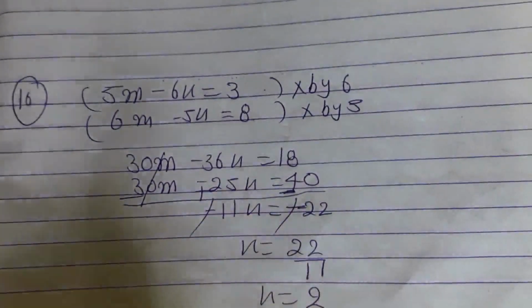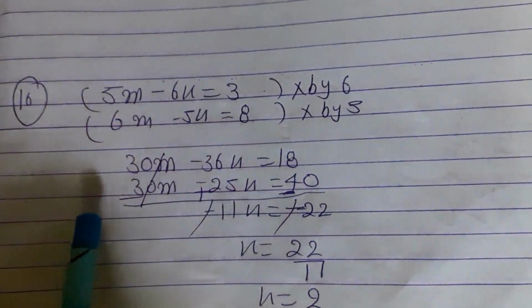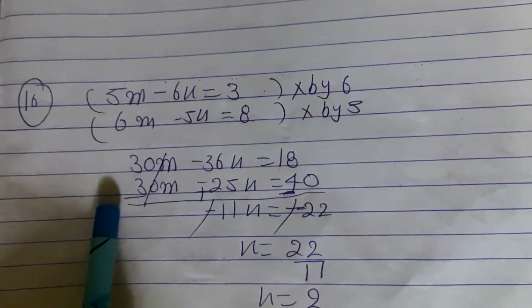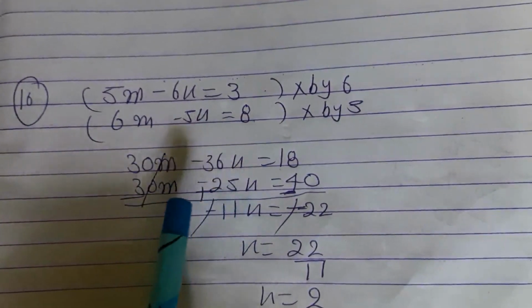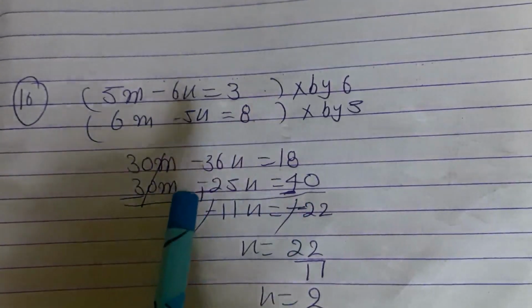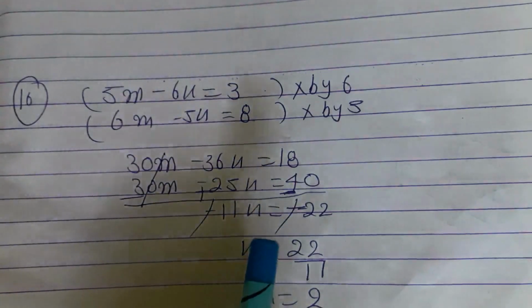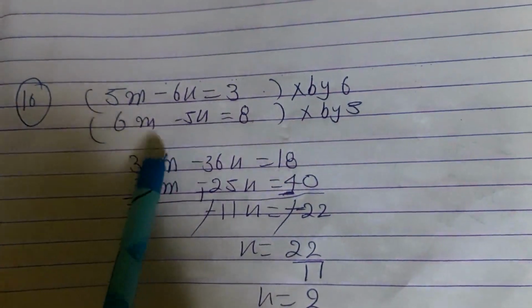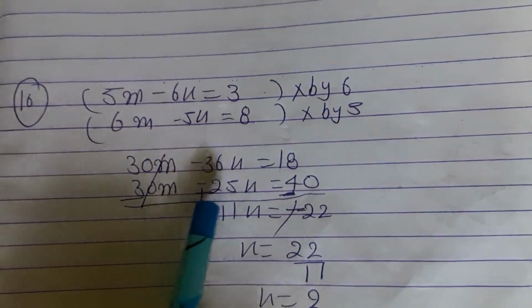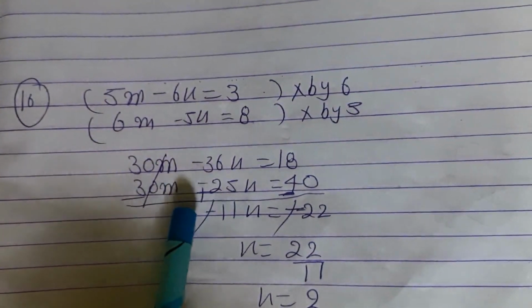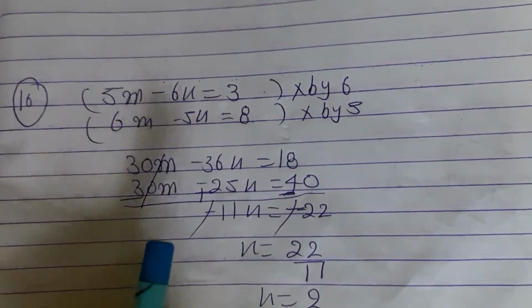Because both m terms have positive signs, we will subtract the equations, and the signs will change. Minus sign will become plus, and plus sign will become minus, and the variable m will be cancelled.